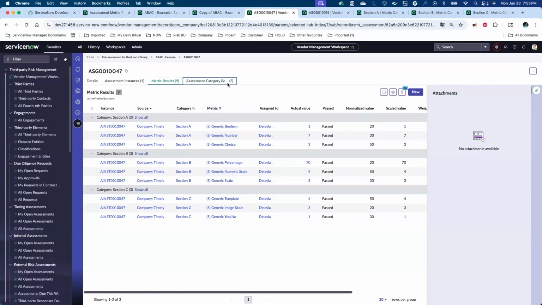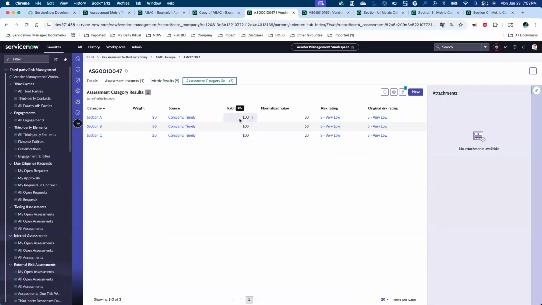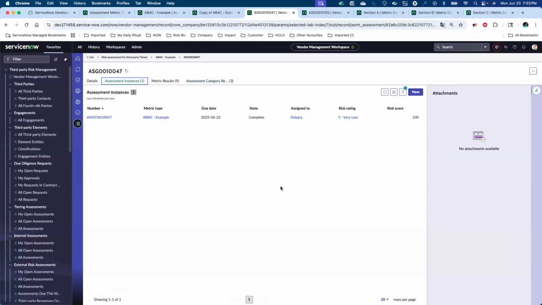So in this case, it comes to 100 for each of these categories A, B, and C. Now, what that comes to for your assessment is a pretty straightforward risk score of 100. So that's basically your category rating multiplied by category weight and sum of all category weights. That's basically your normalized value.